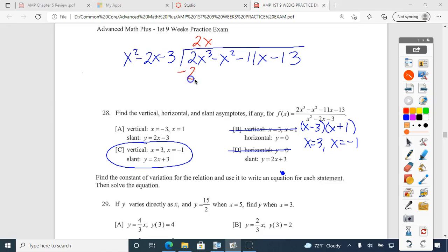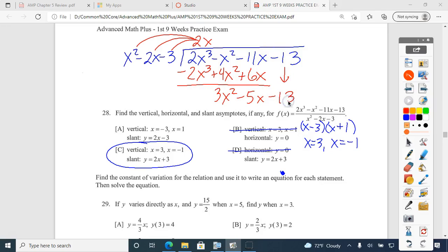Then you distribute, and do the opposite down here. So negative 2x cubed, negative 4x squared would make positive 4x squared, because again, you do the opposite. Negative 6x, you do plus 6x. Add them up, you get 3x squared minus 5x. Bring down your negative 13. X squared times what gives you 3x squared? That would be positive 3. So, same answer. We got our answer there.